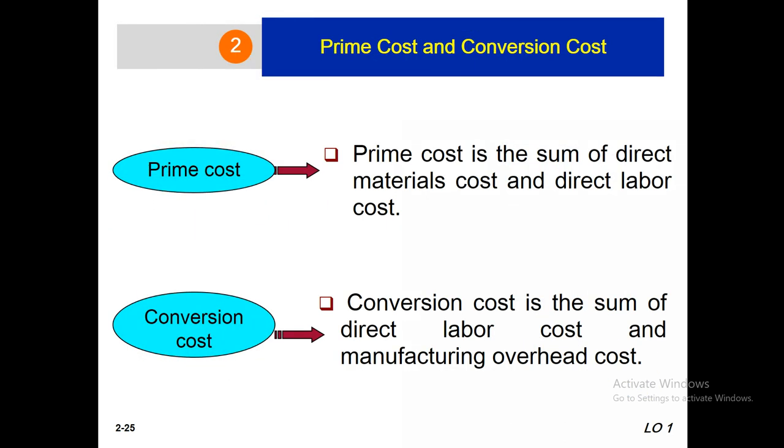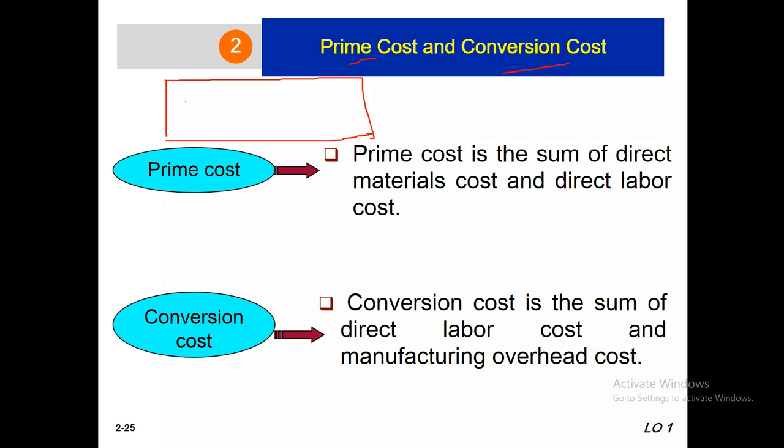Now we will discuss prime cost and conversion cost. Prime cost is the fundamental cost, the basic cost. If we want to produce a product, suppose this is our factory. In our factory we have two very vital costs, and we call these two costs our prime cost.